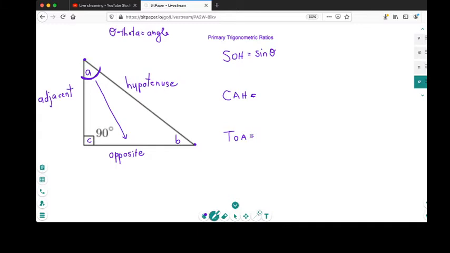But here we have sine of theta. So the S comes from sine. Now, what does this mean? Well, we can solve for this angle theta through some steps by using the side lengths.